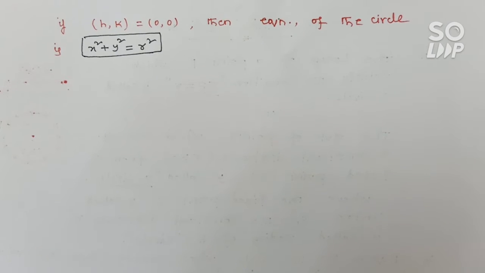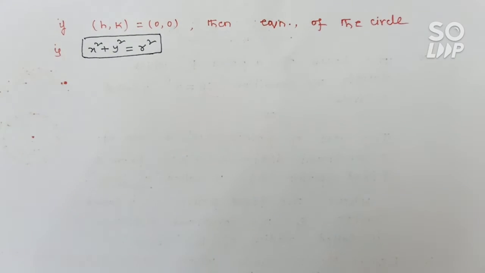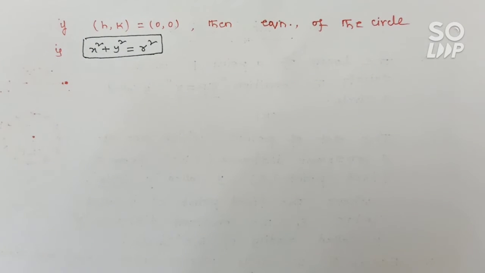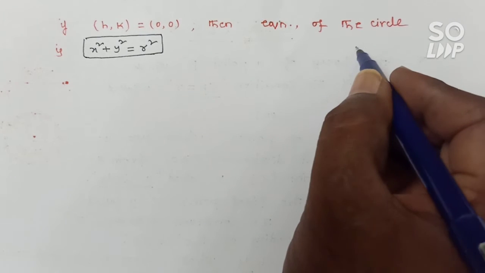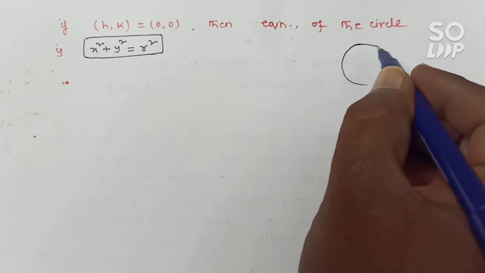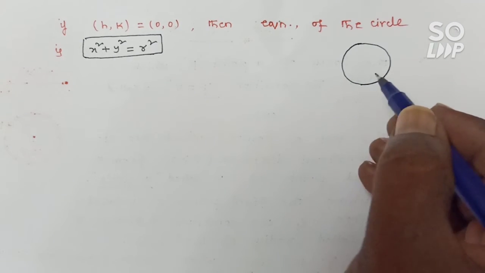Now you know the fundamental. When the center is the origin, generally when will you get that origin? The intersection of both the coordinate axes. So the figure of this equation will be this one. This is the circle.